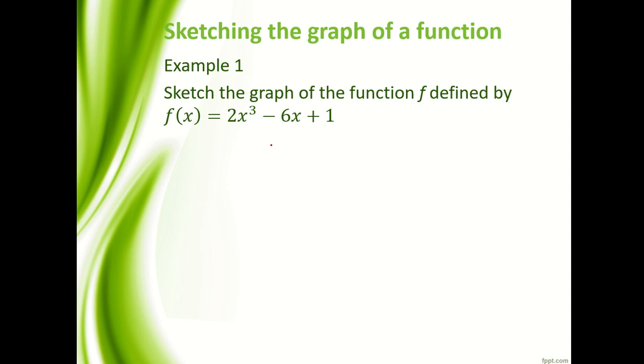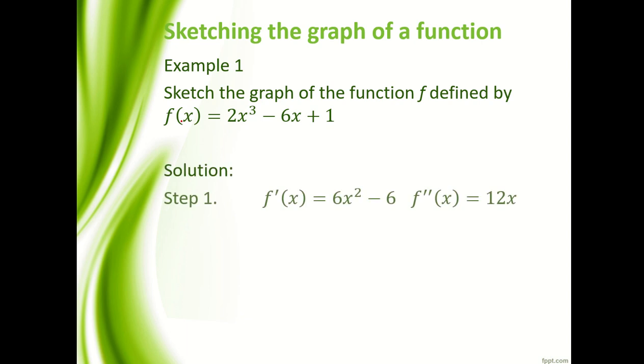Actually, class, this is the combination. To solve this problem, we need to combine all those things that we have just discussed. Our ending here is a graph of the given function expressed in this equation.